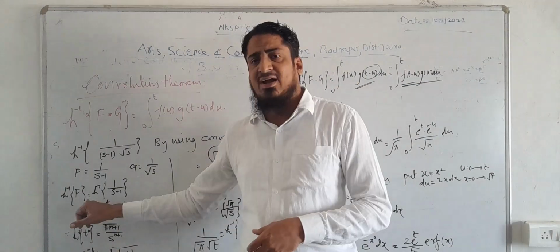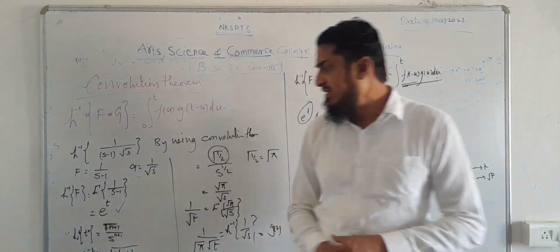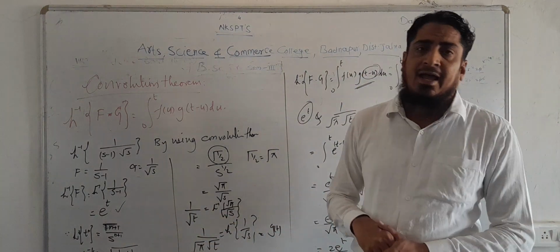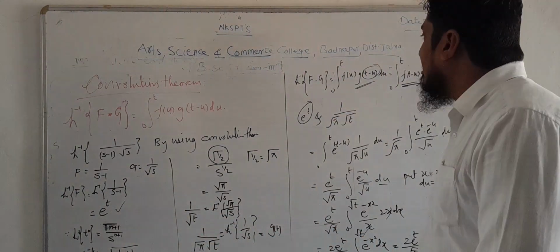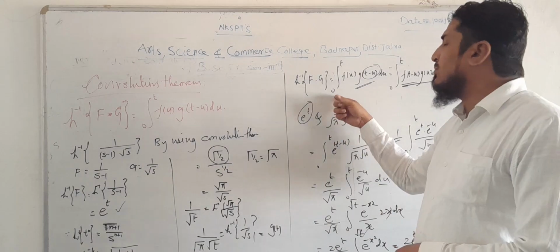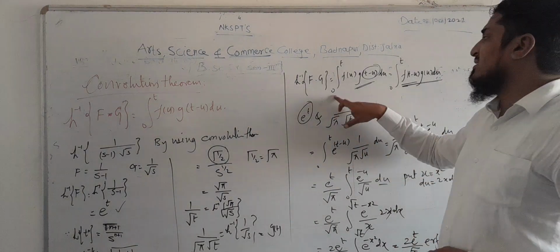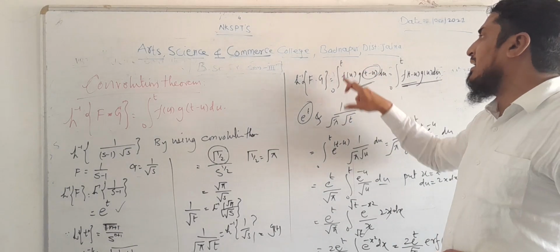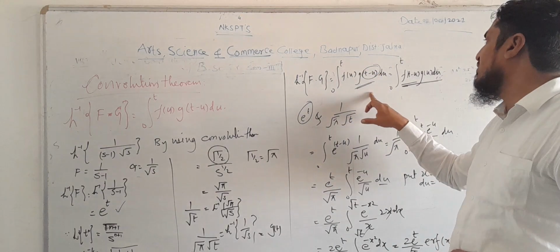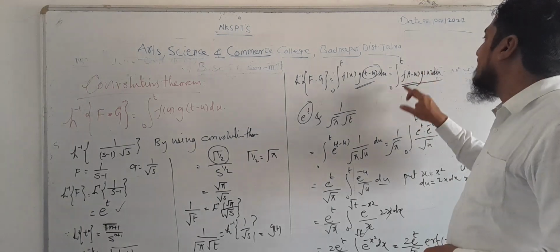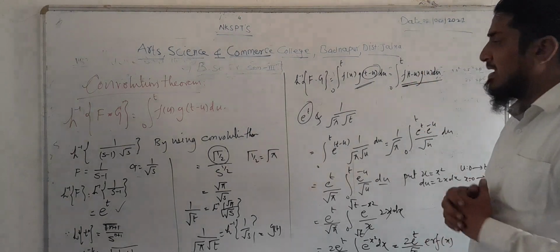Now we find the inverse Laplace transform of f of s and of g of s, and by applying the convolution theorem, we have two integrals which are both equal. Integration from 0 to t f of u g of t minus u du is equal to integration from 0 to t f of t minus u g of u du.